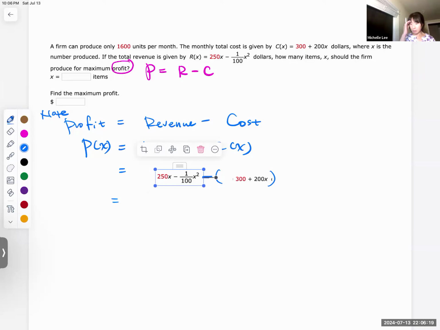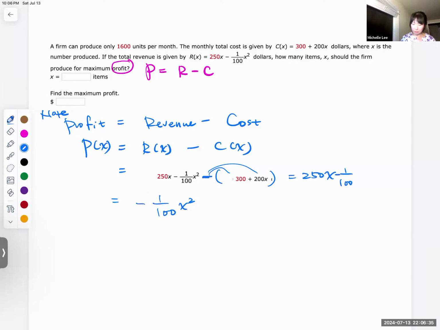So we have negative 1 over 100 x squared and 250x. If we simplify, then 250x minus 1 over 100 x squared minus 300 minus 200x. So we have 250x minus 200x, which is 50x positive and negative 300, right?